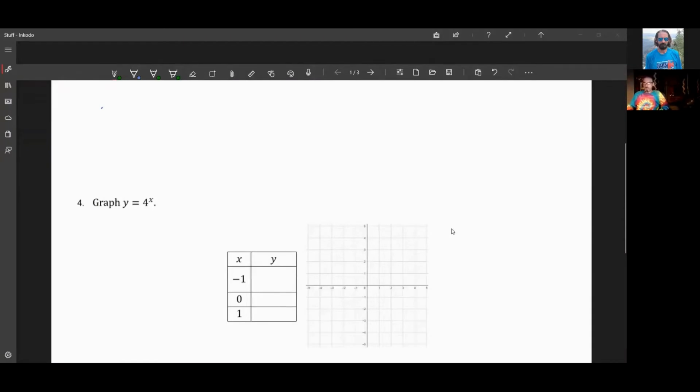All right, now let's talk about graphing exponential functions. They are indeed functions. For example, y equals 4 to the x here. Everything you can put in for x, in fact, you can put in all real numbers, you're always going to get 1 y out for the answer.